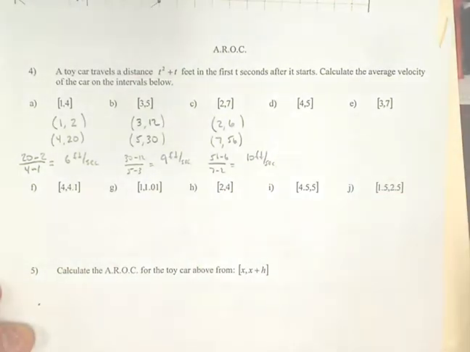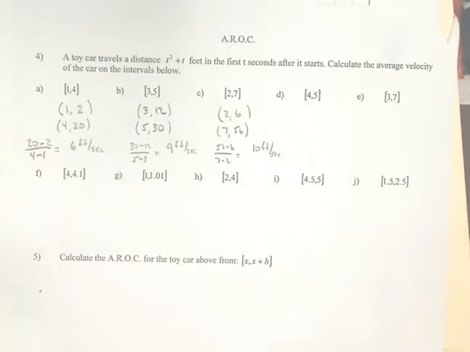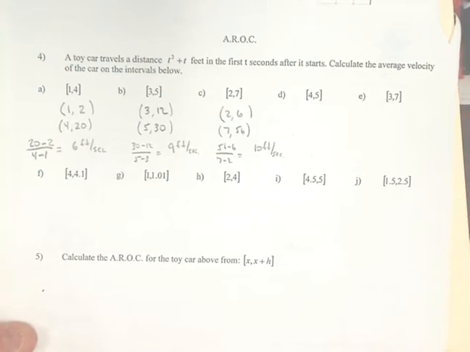Okay, so you have 10 more of those to do. Go ahead and finish those and press pause because I'm going to move on to number 5 right now while you're finishing those.